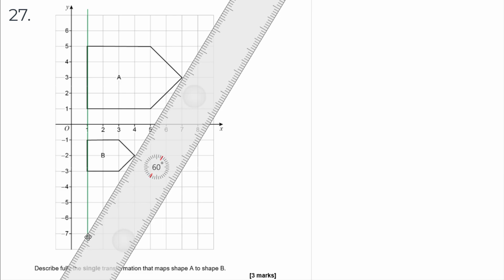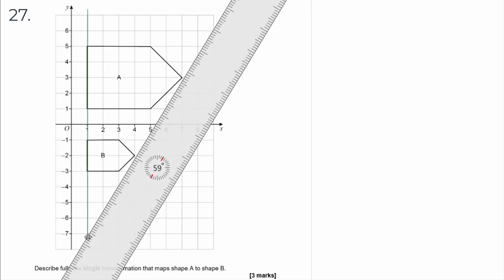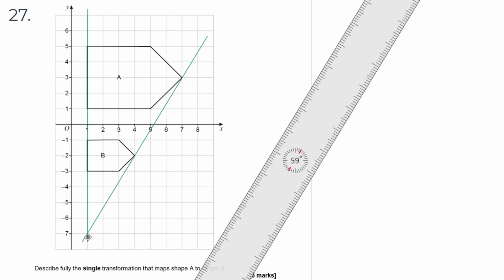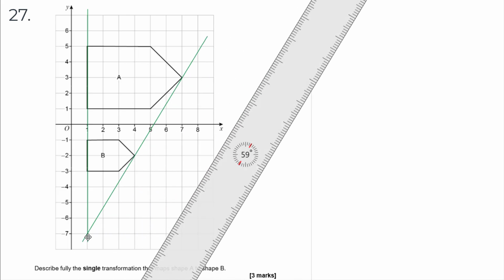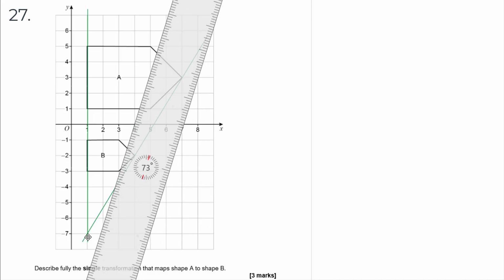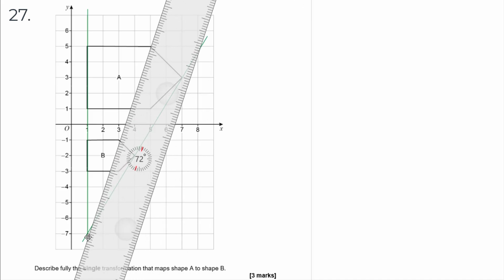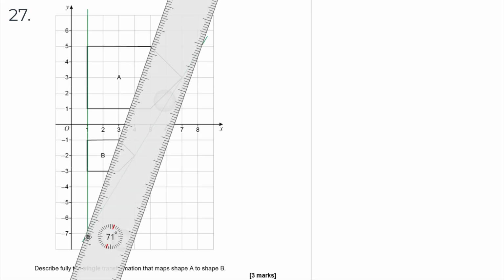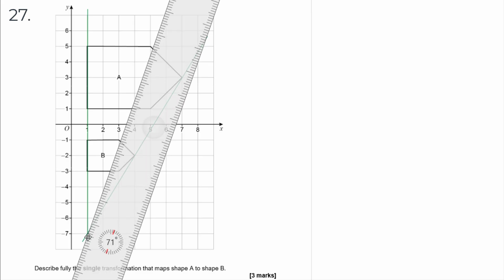Now what I'm doing is I'm joining matching points together on object and image. The reason I'm doing that is because there's always a straight line from the center of enlargement through the object out to its image. So if you do this a few times, you should find that all your lines end up converging on one point, and that one point will be the center of enlargement.